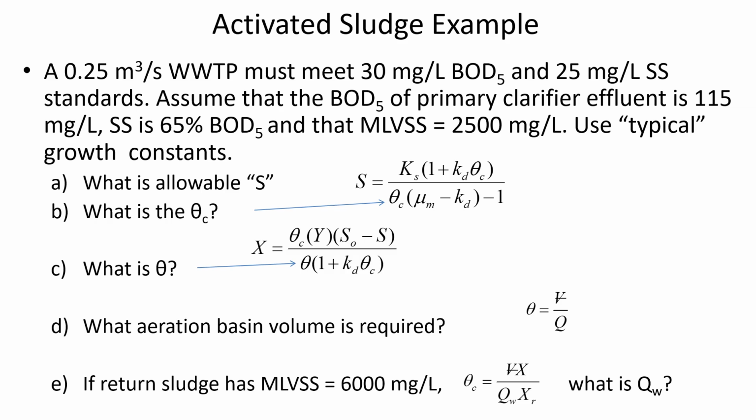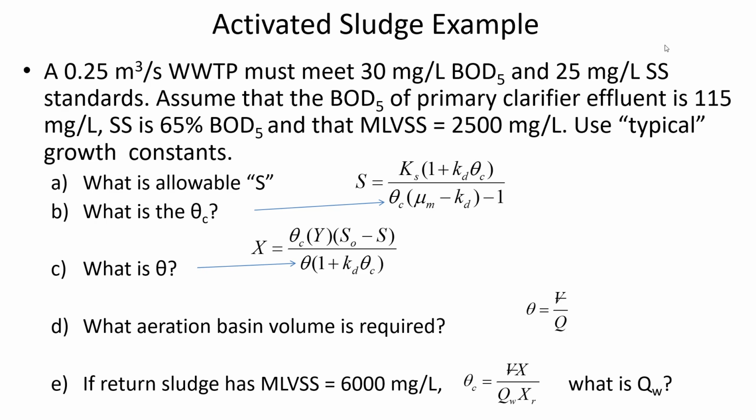Let's look at an example. Let's say that we had a wastewater treatment plant where 0.25 cubic meters per second is going through the treatment plant. And their standard, which is set by a regulatory agency, is that they have to achieve 30 milligrams per liter of BOD and no more than 25 milligrams per liter in suspended solids.